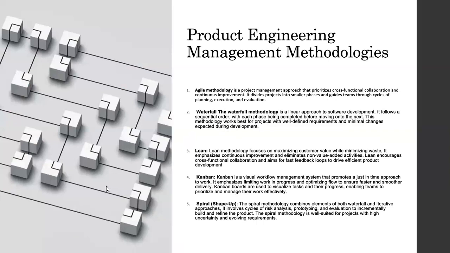First we have the agile methodology. The agile methodology is a product management approach that prioritizes cross-functional collaboration and continuous improvements. It divides projects into small phases and guides teams through cycles of planning, execution, and evaluation.